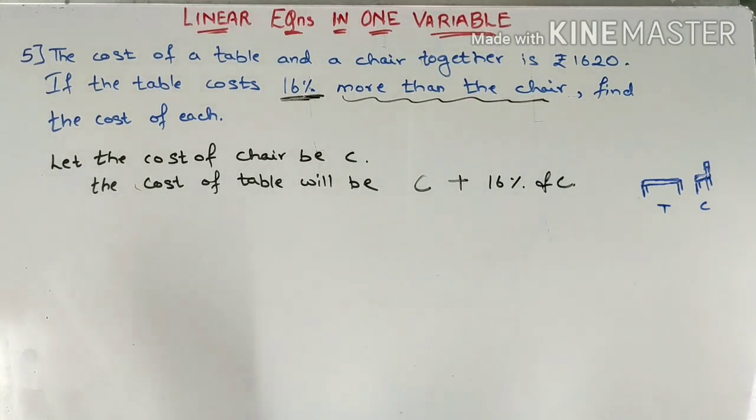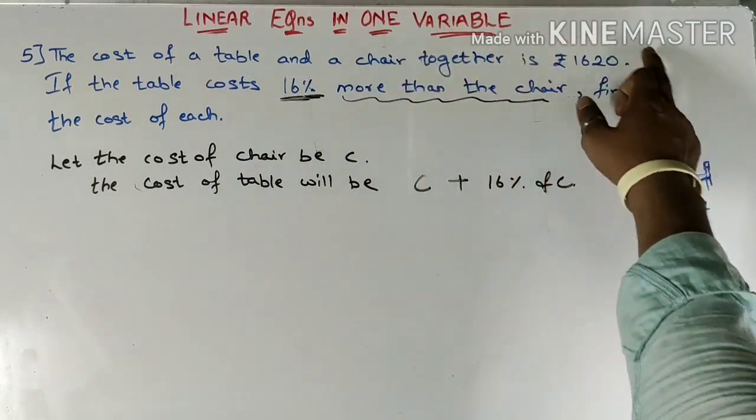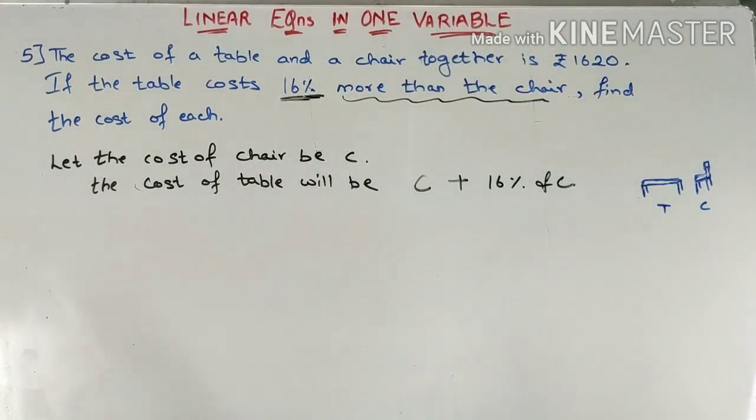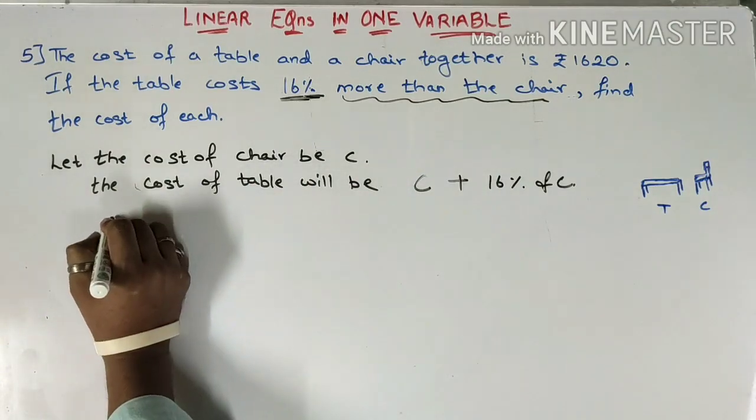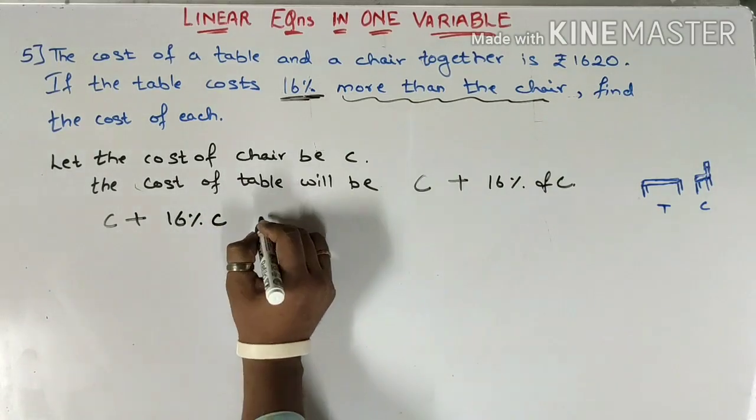How shall we move ahead? There is one more given condition, that is the total cost of both table and chair is rupees 1620. Hence we can equate it like this. Cost of table is C plus 16% of chair.